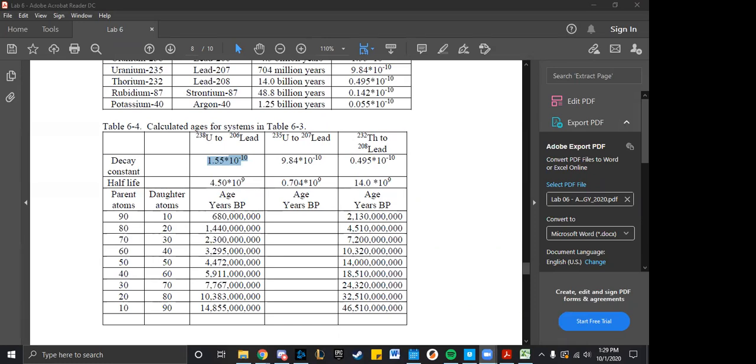And divide that answer by 1, so you'll do 1 divided by that answer.